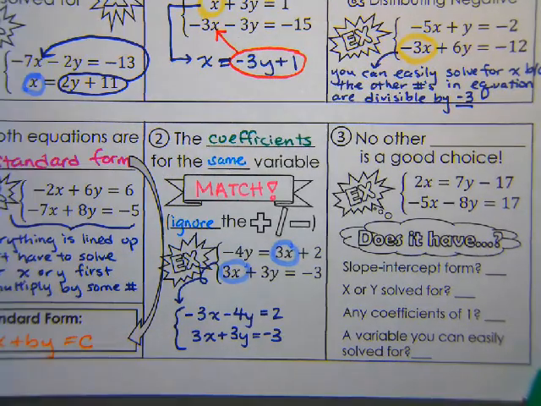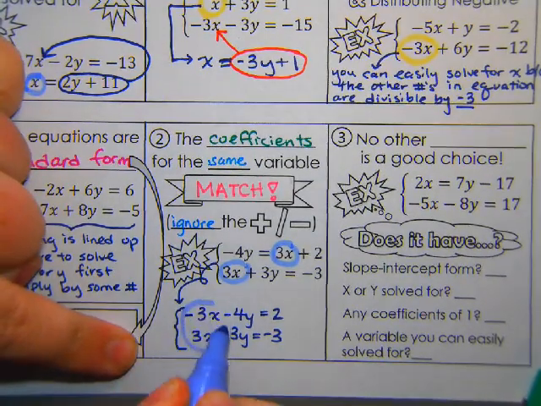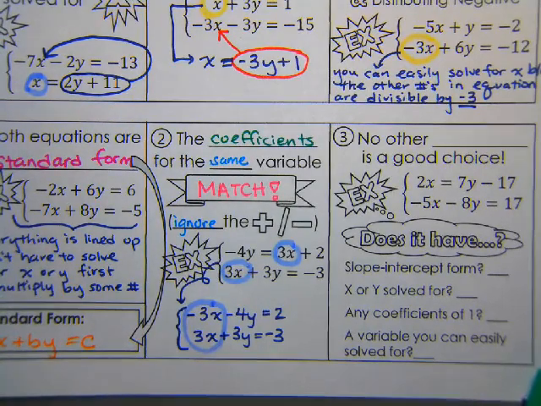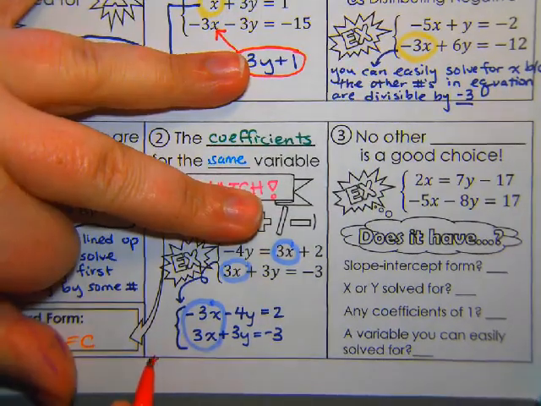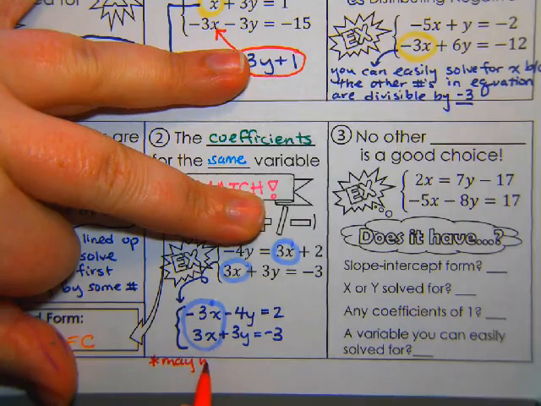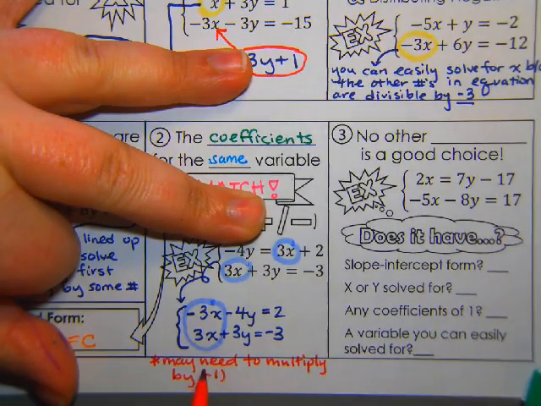And now notice that these will be ready to add to 0. Again, you may have to multiply by -1. So let's give ourselves a disclaimer so we remember that. May need to multiply by -1.